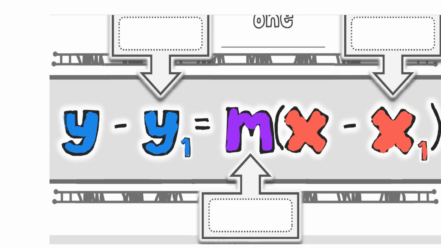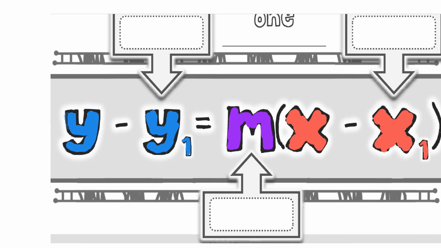So this y1 is the y coordinate for a particular point on the line.